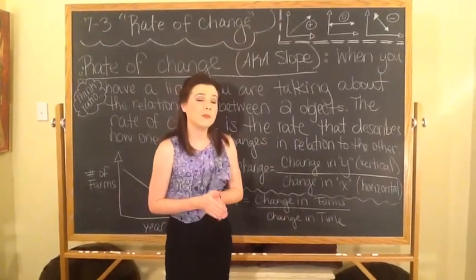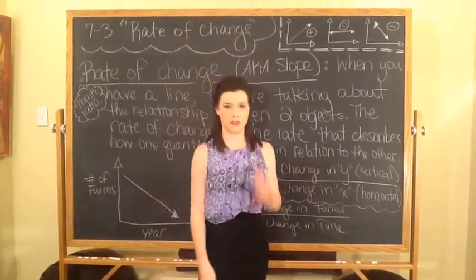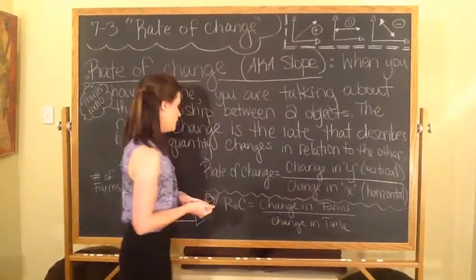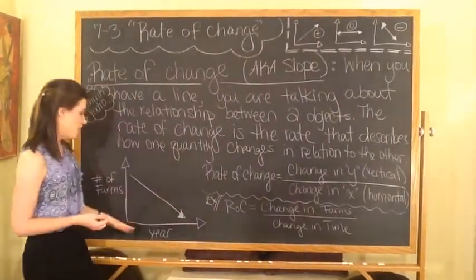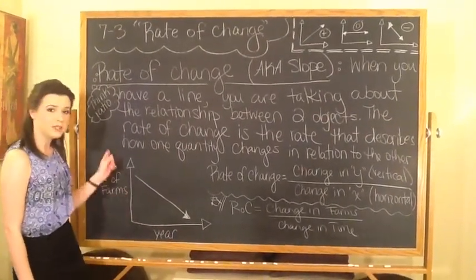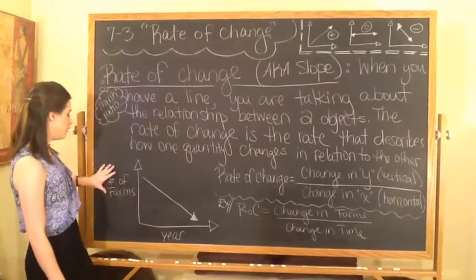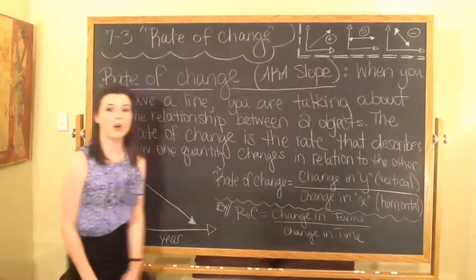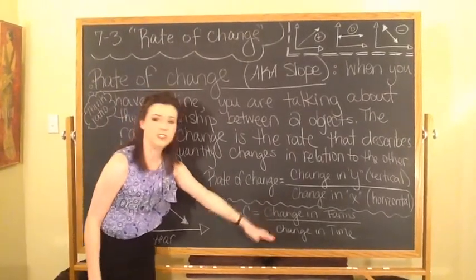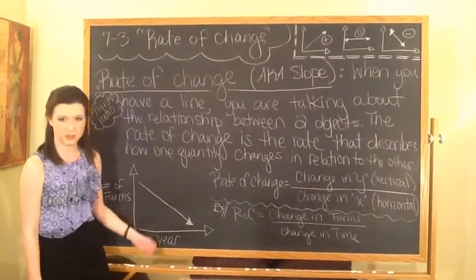To remember, the y values go up and down, and the x values go left and right. In this example, the year is on the x-axis and the number of farms is on the y-axis. So we have the change in farms in the numerator, and over the change in time, how many years we go from one to the next.